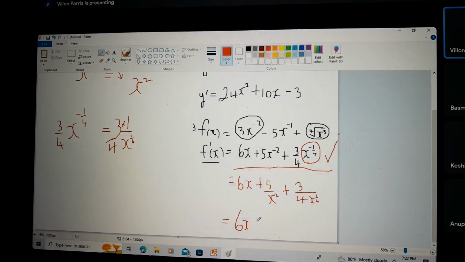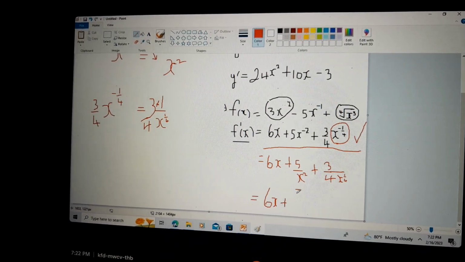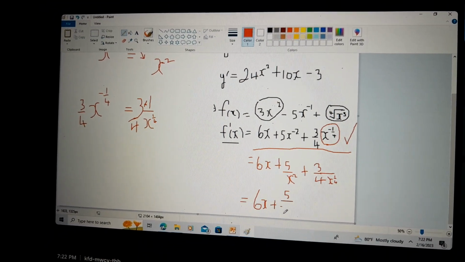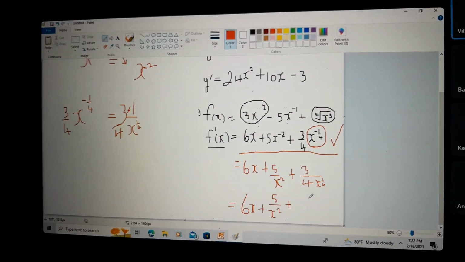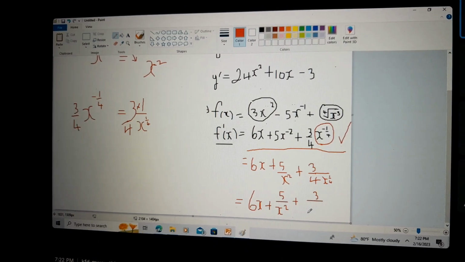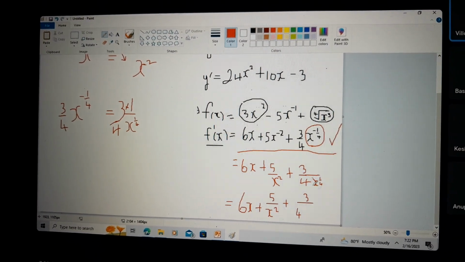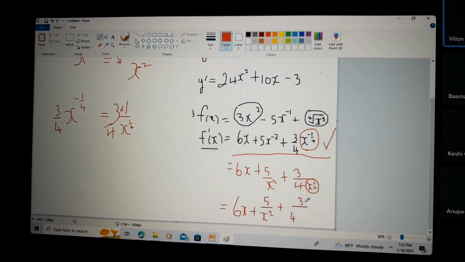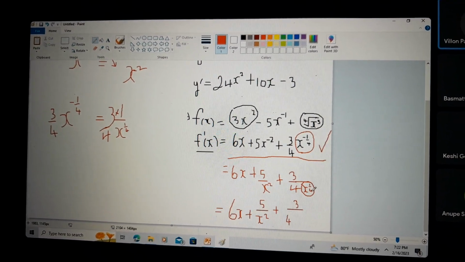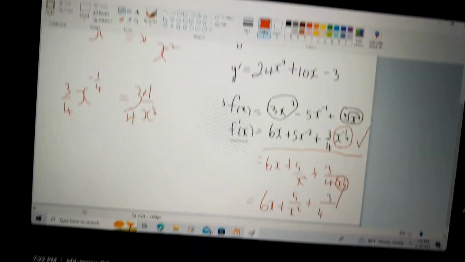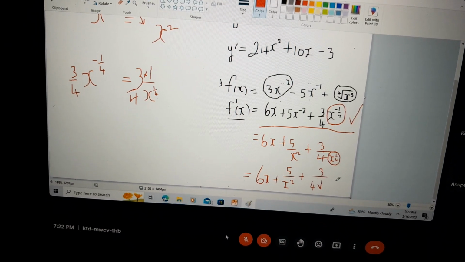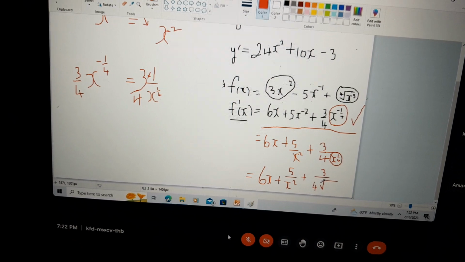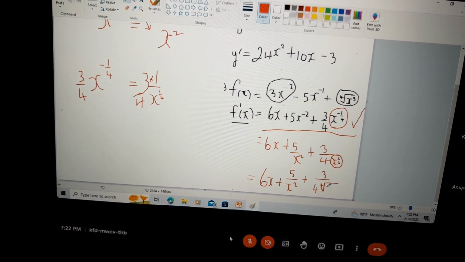All right. Since we're on this, and since it's a math class, I won't hide anything from you. So if we take it one step further, it will be 3 over 4. Now I can write this as a third. I'm just showing how these things can be simplified down and down. The 4 will come out here, and the x will come in here.